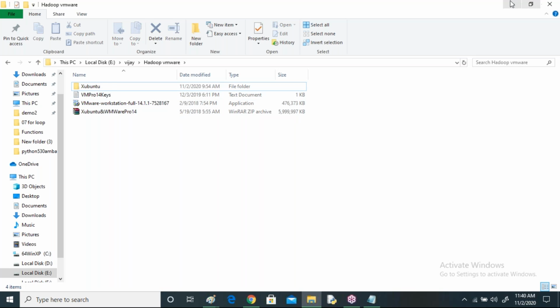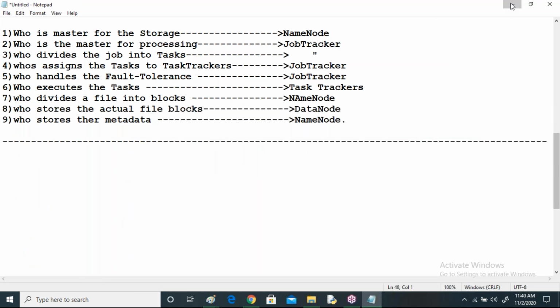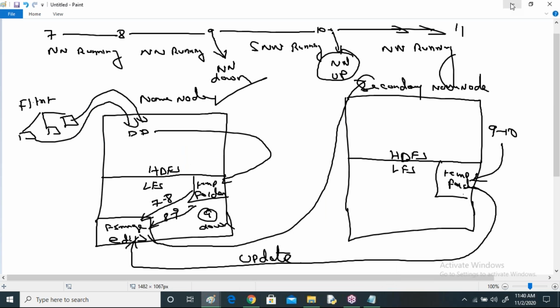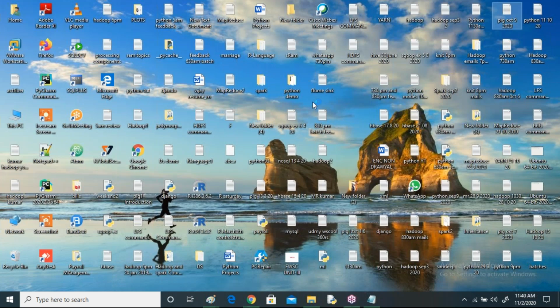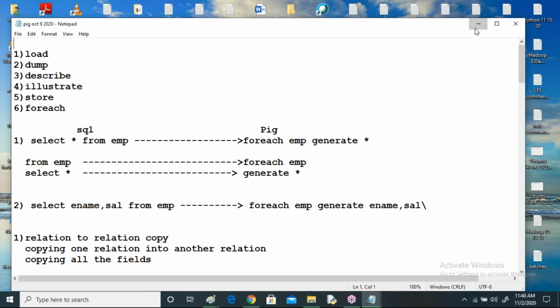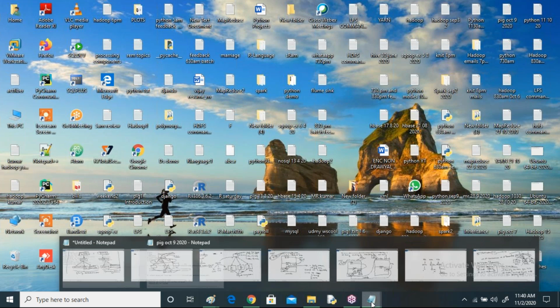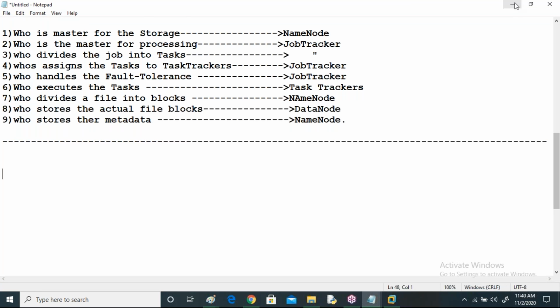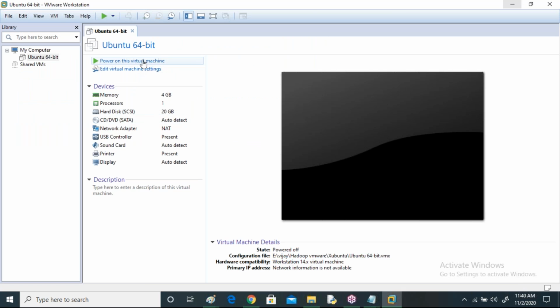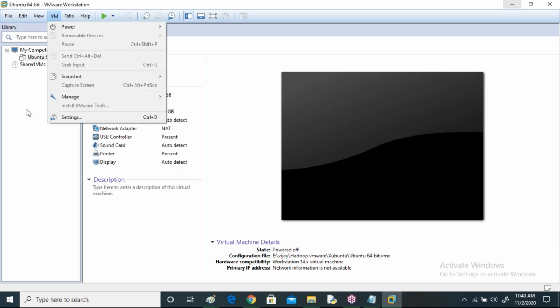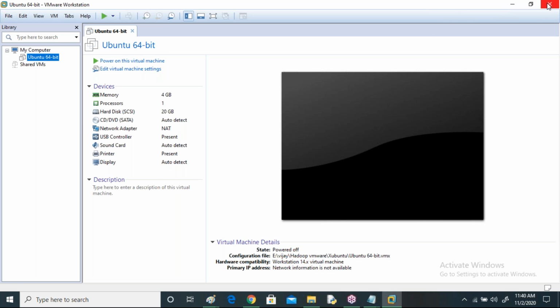After installing this VMware, I'll show you how to work in the Cloudera environment also. In tomorrow's session, I'll demonstrate.